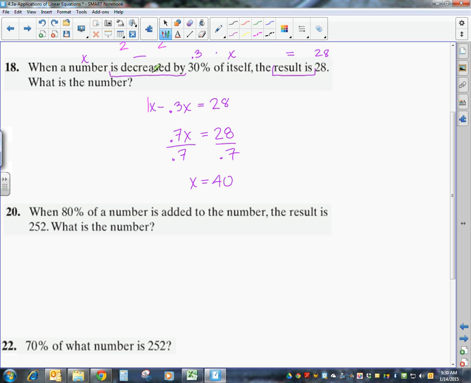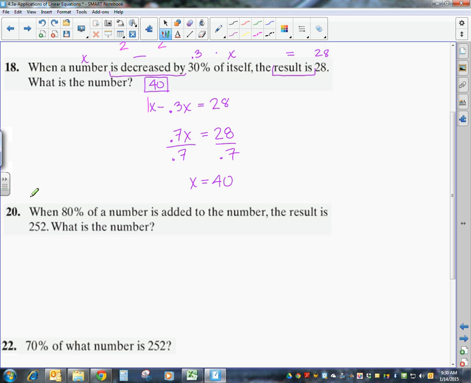Again, what you put in the answer blank, what you're going to box for your final answer, is just the 40, not the variable. You would use a calculator to check it. 40 is decreased by 30% of 40, and 30% of 40 is 12. So 40 minus 12 equals 28, and we're good to go.